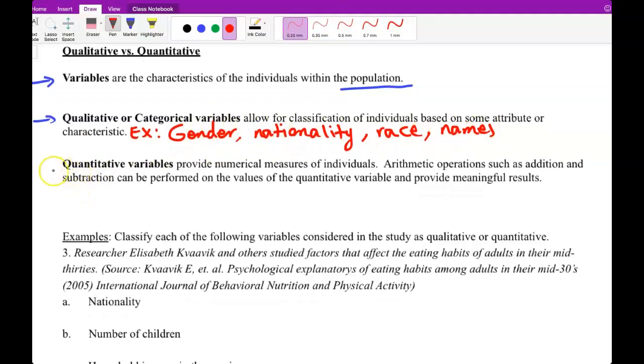The next one is quantitative variables, which provide numerical measures of individuals. So this means I can count these. Example.